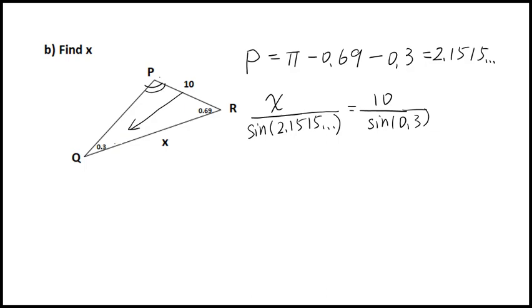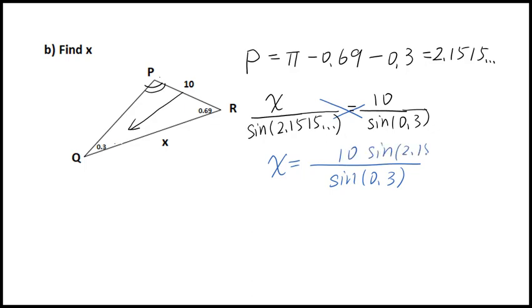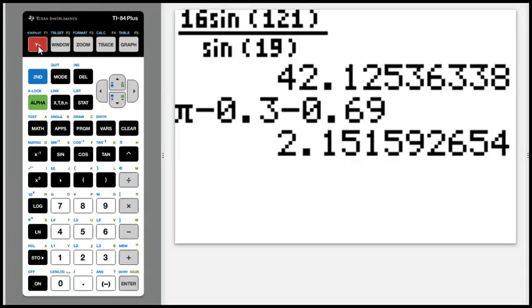Then we will do cross multiply. The same line with the variable x goes to the denominator. So you get x equals, sine 0.3 at the bottom, top will be 10 times the sine 2.1515. We will go to the graphing calculator. Alpha y equals, so have 10 times the sine.